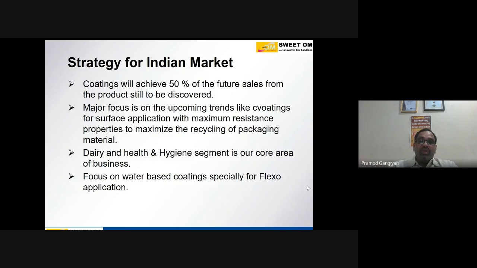Major focus is on upcoming trends like coatings for surface application with maximum resistance properties to maximize the recycling of packaging material.